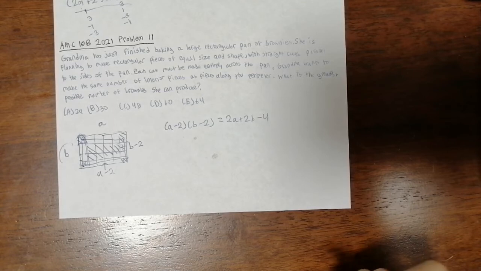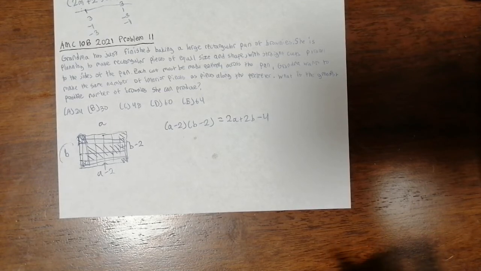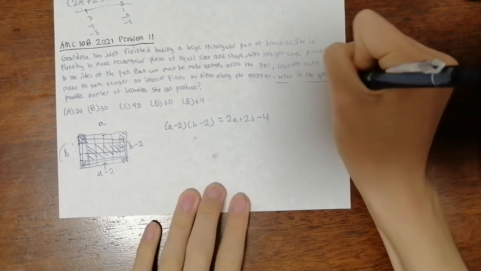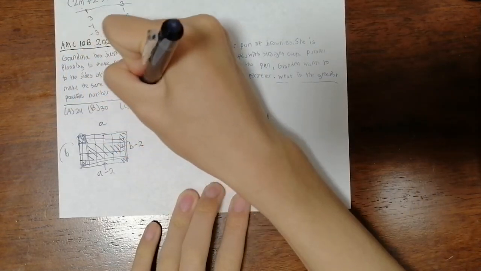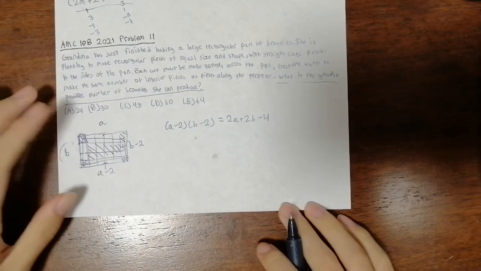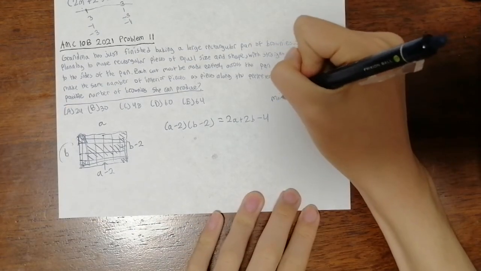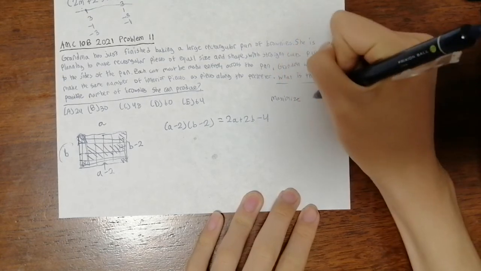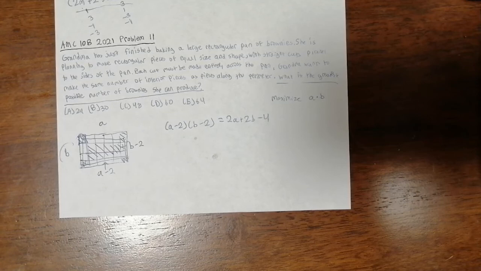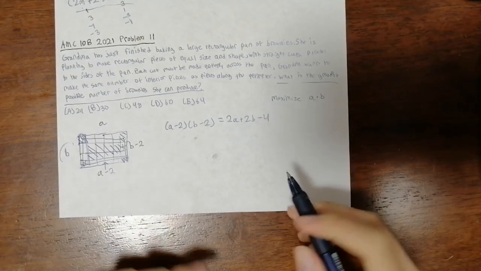Okay, now we have an equation like this, and what do we want to do to find the answer? We want to find the greatest possible number of brownies that grandma can produce, and that's going to be the same as saying maximize a times b. Okay, now let's just simplify this equation.